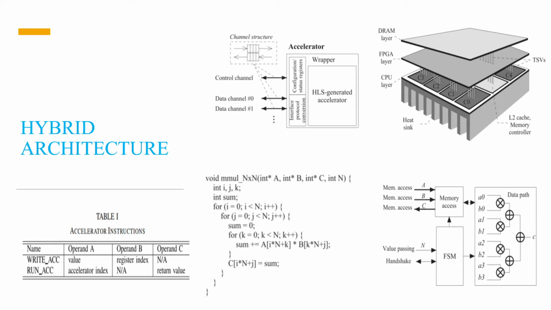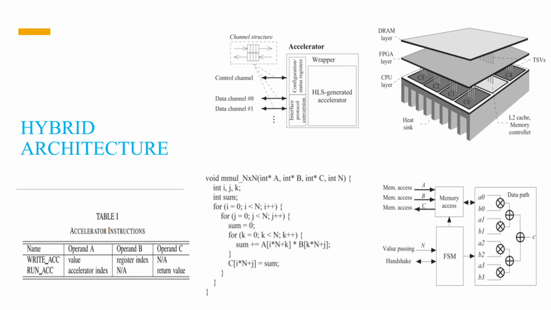To ease the heat distribution, adjacent to the CPU layer is the FPGA layer. The FPGA layer contains an accelerator for low power computation. This accelerator runs at a much lower frequency, several hundred MHz, than the CPU cores.